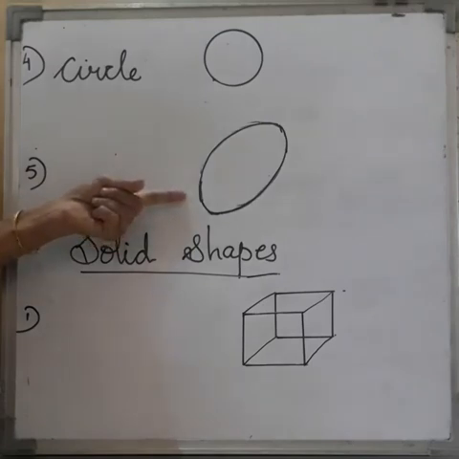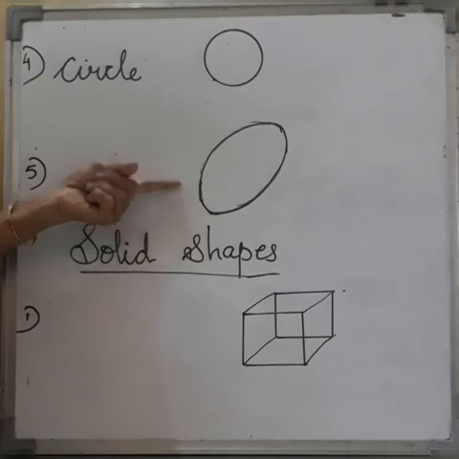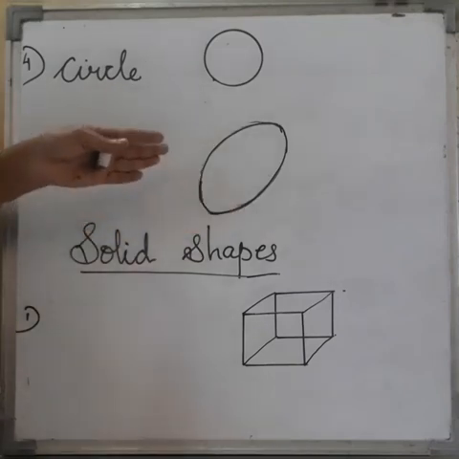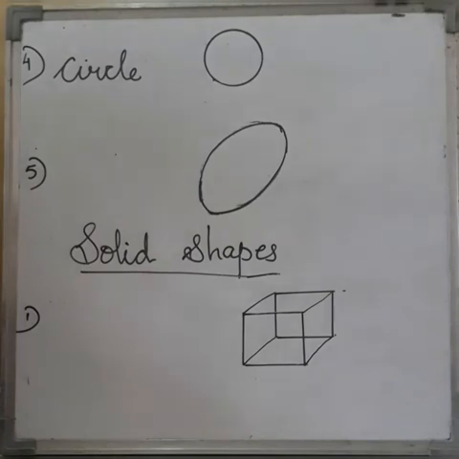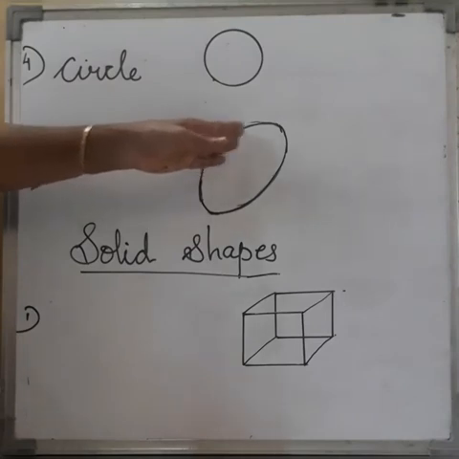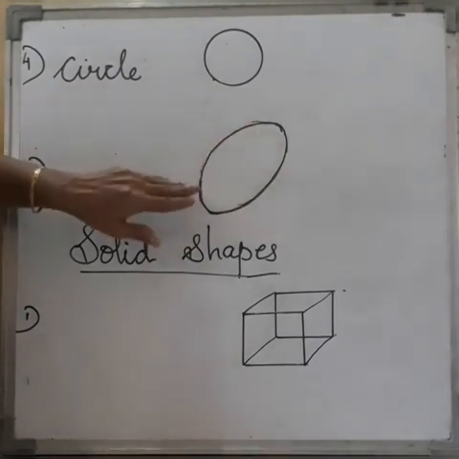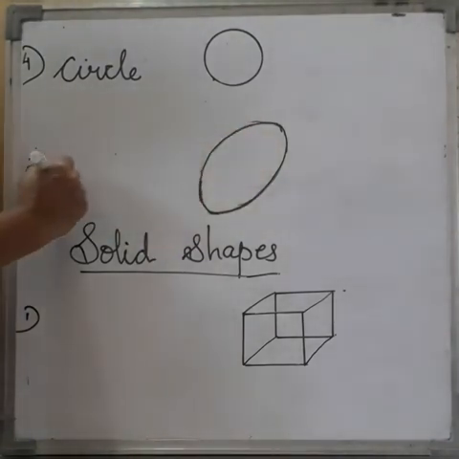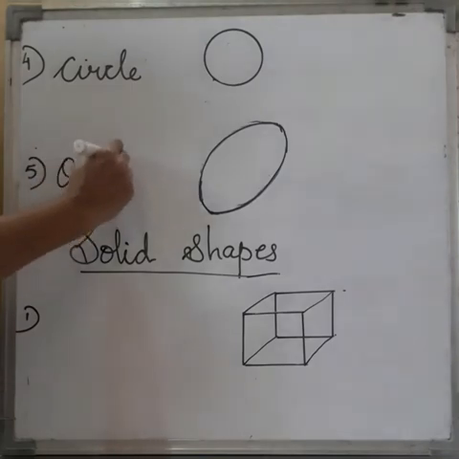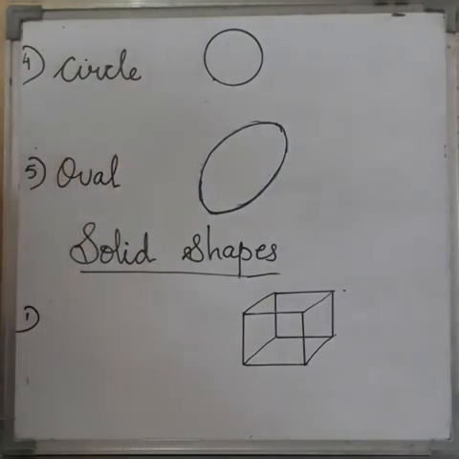It also has curved sides and it is an elongated circle. It is just like a circle, but it is elongated on both sides. So its name is oval. These are the plane shapes. First one is rectangle, then square, third is triangle, fourth one is circle, and the fifth one is oval.